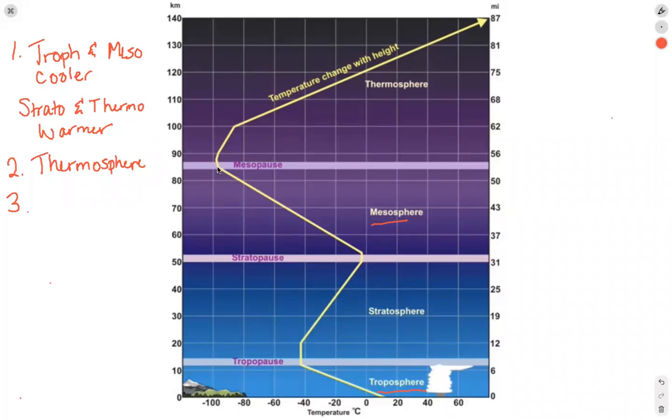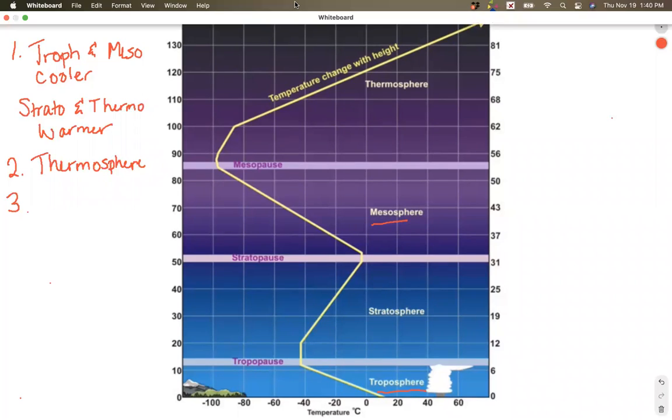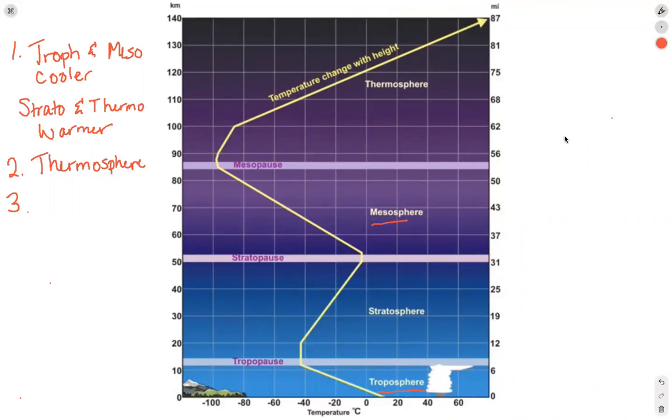You could say mesosphere and thermosphere kind of, because they both do have some of the coolest parts. And then the last one, what layer are we in? The troposphere. Yes, troposphere.